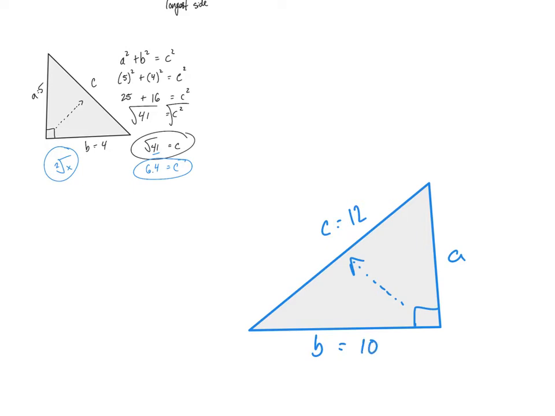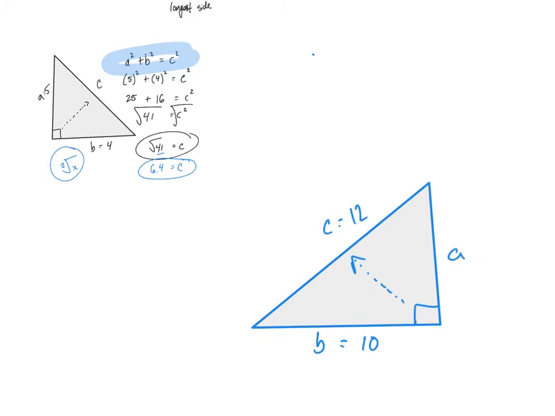Using our formula, just like we did earlier, a squared plus b squared is equal to c squared. We have to do the same thing here. We label our parts, I'll rewrite it all out, and now I can use substitution. I don't know A, so I'll leave A the same.